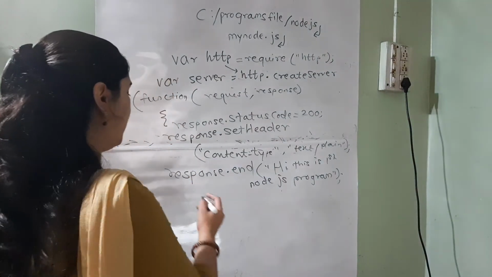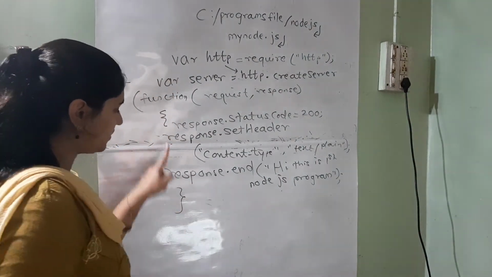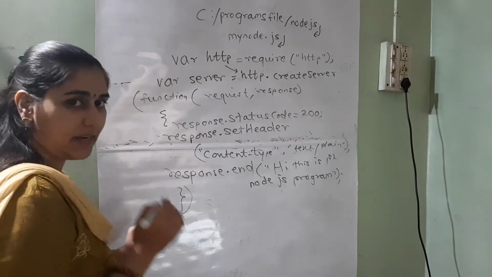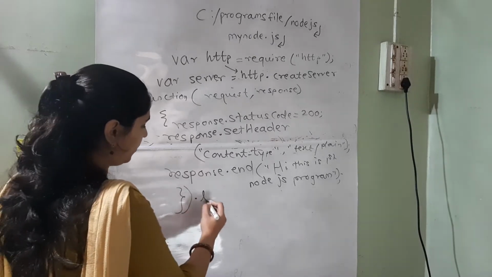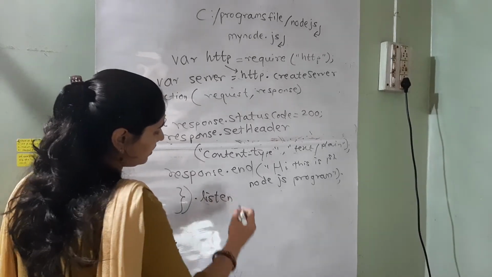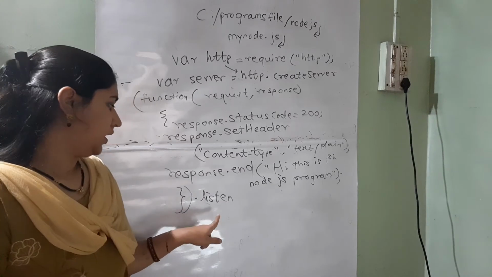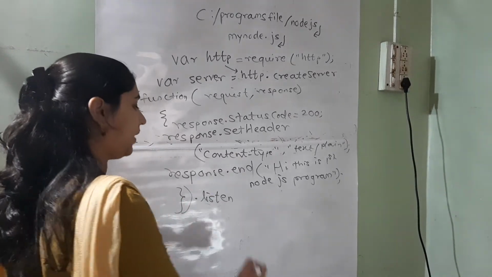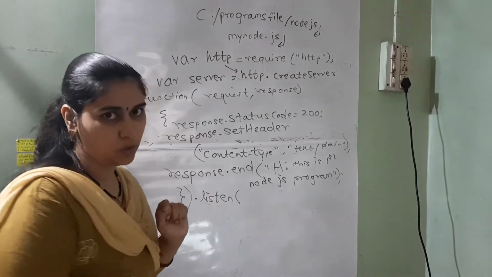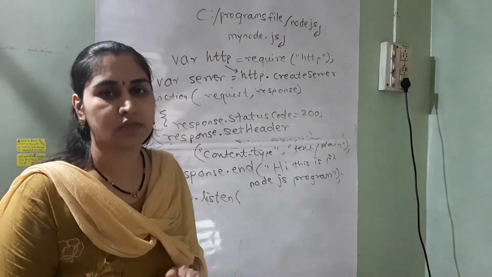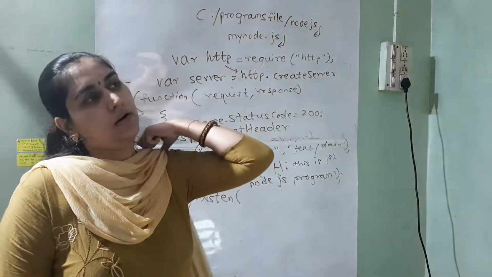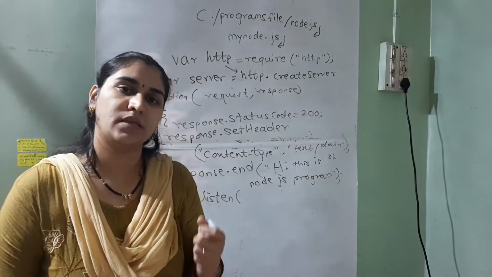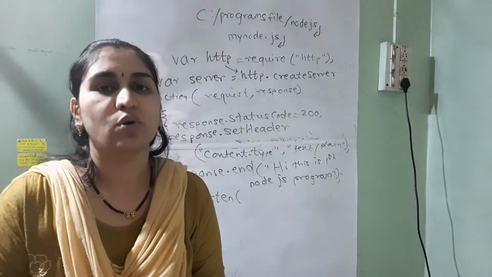Now after this functionality, I just close this curly brace and this round brace, and after this, the most important method is listen. The server will listen on a particular URL. You can hard code it by using a port number and localhost. We have seen it in the notes, how to set the port number for a specific port or specific localhost.